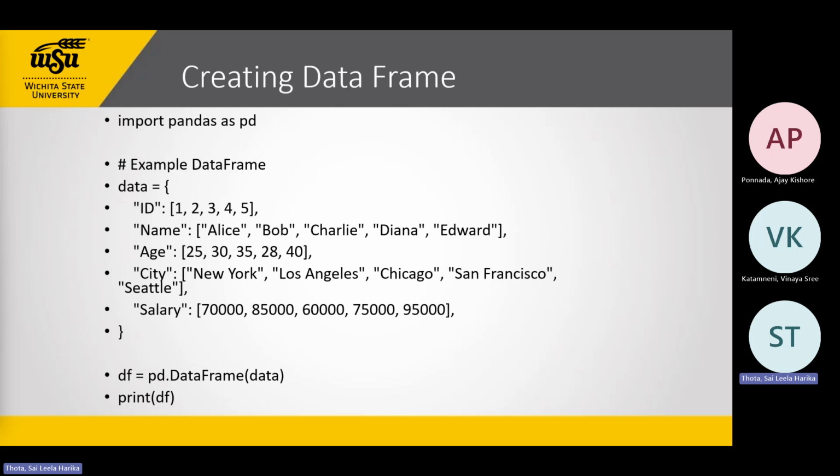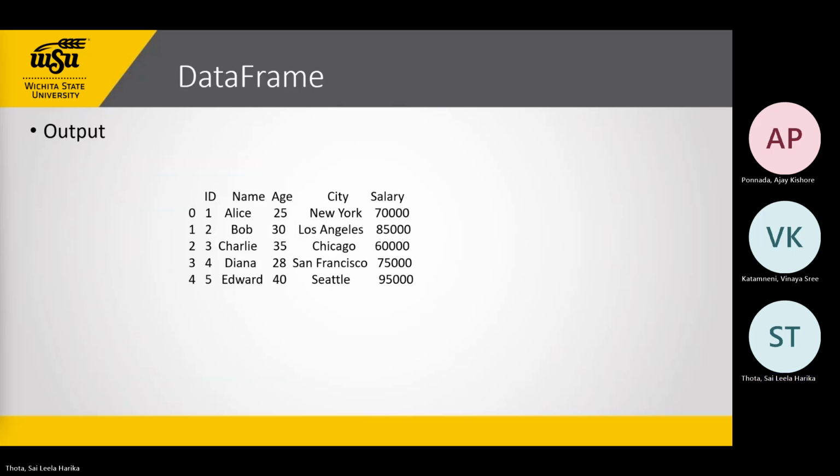I loaded the data in a data frame, like pd.DataFrame(data), and I just printed the data frame. When I print the data frame, this is the output. It contains the rows, the columns, and the indexes like 0, 1, 2, 3, 4. And make sure the index starts at 0. It does not start at 1.